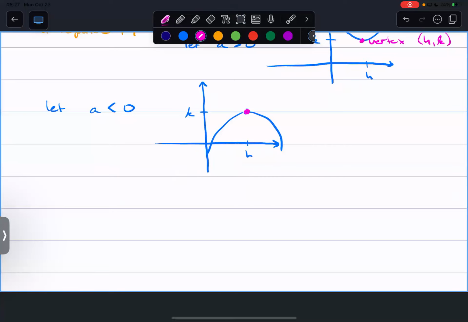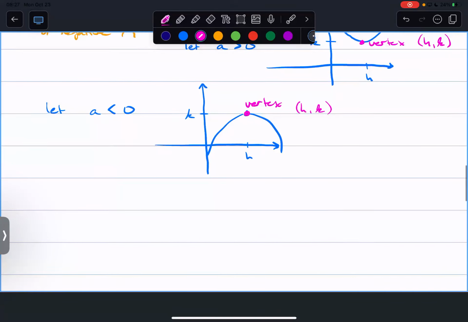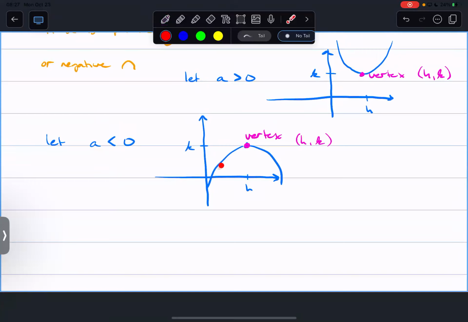So now the vertex is still at (h, k). It's just a matter of whether it's a maximum or a minimum. And so here, in this case, of course, the vertex gives us the maximum.